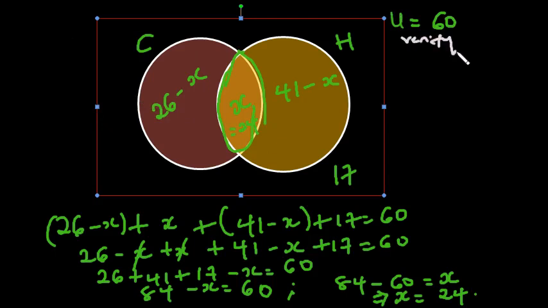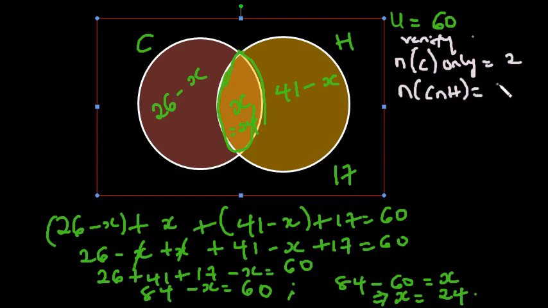Let's verify, because this would actually mean that our C only now will be equals to 2. Our number of C intersection H will be equal to 24.